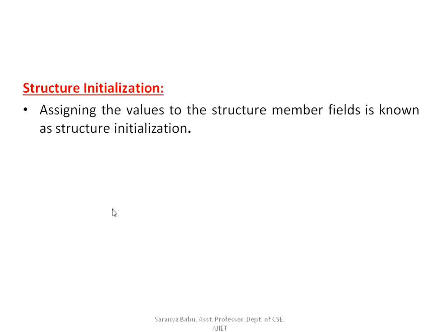So now, structure initialization. How do you initialize the values for the structure variables? By assigning the value to the structure member fields. Which are the member fields? We have already seen them in the beginning, I had shown you the member fields, right?